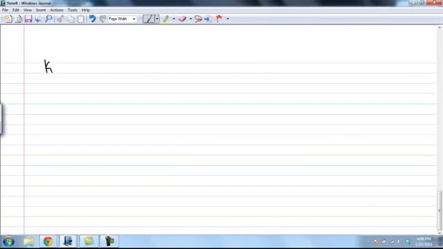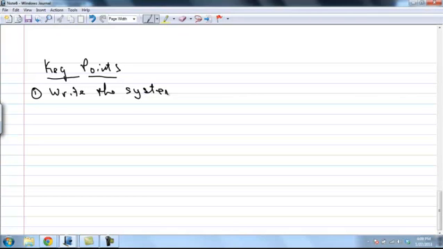Let's talk about the key points of this process, the matrix elimination process. First of all, we start with a linear system and we write the system in the matrix form. Next, we form the augmented matrix.